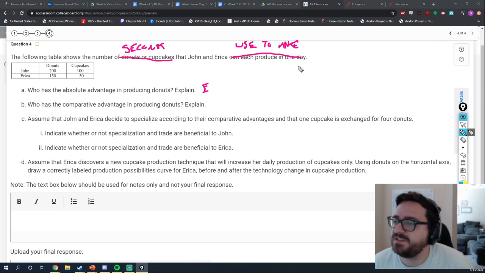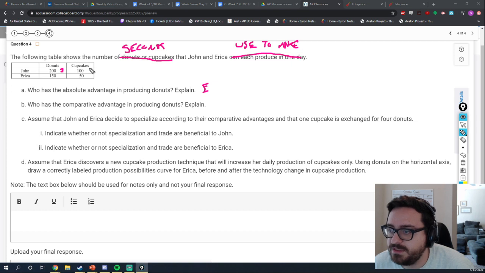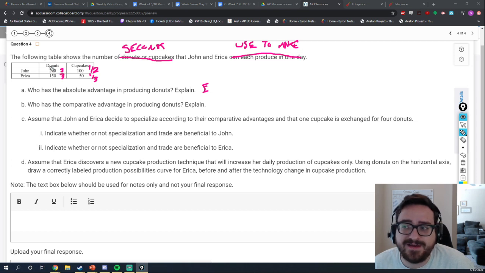For comparative advantage, it's the other way around. The difference being the opportunity cost of one donut for John would be 2 cupcakes. And this would be 1/2. This one would be 3. And this one would be 1/3. Because if I gave John the amount of time to make one donut, he could have made 2 cupcakes in that amount of time, right?